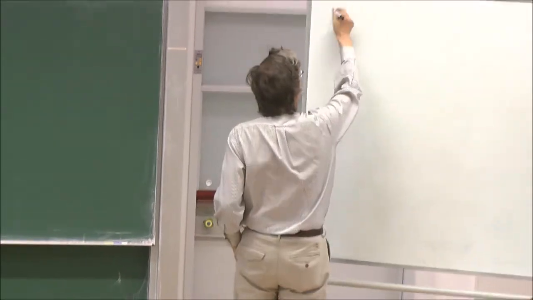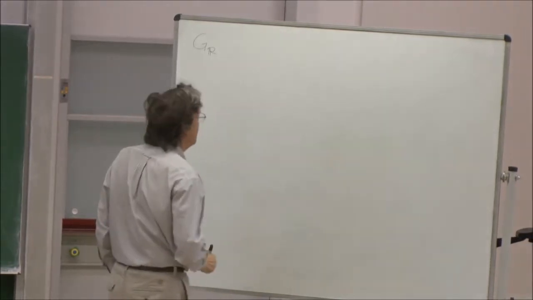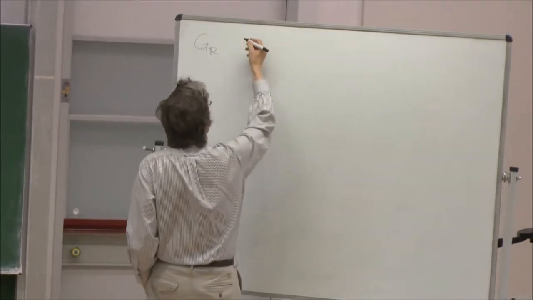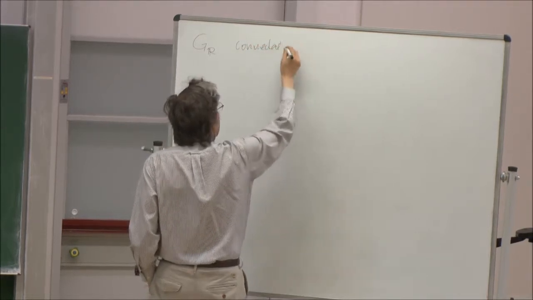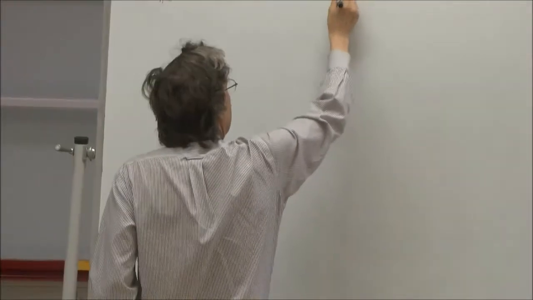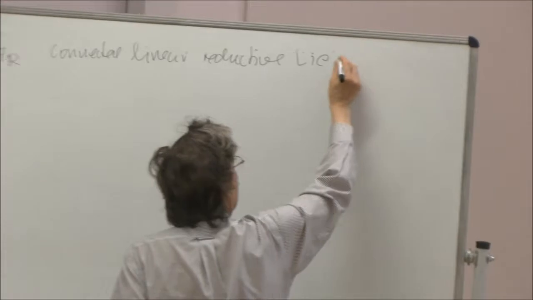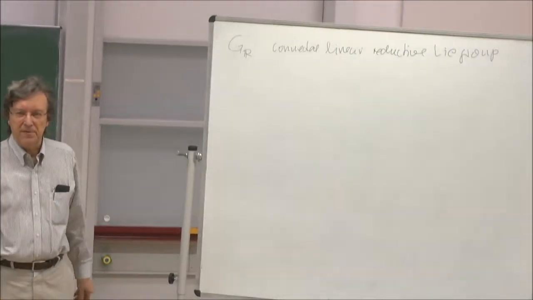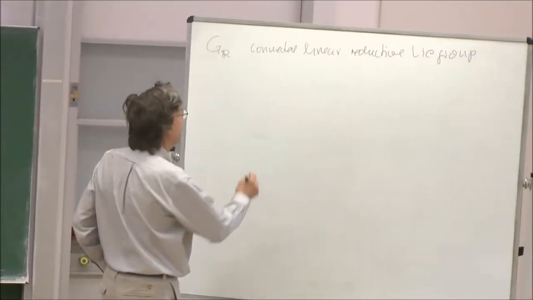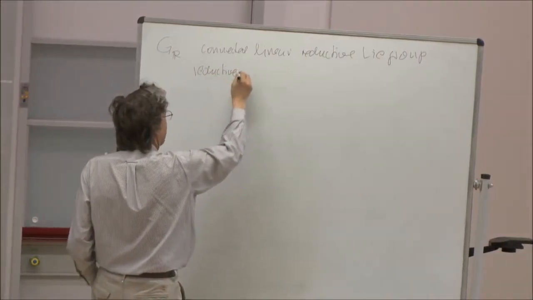So let me start out by looking at G_R. That in some sense is the group of interest. It will be a connected linear reductive group. Linear means that it can be realized as a group of matrices. And then reductive, so what does reductive mean?